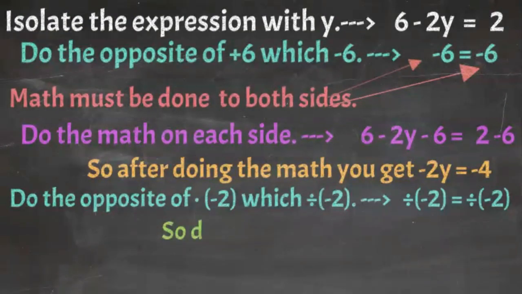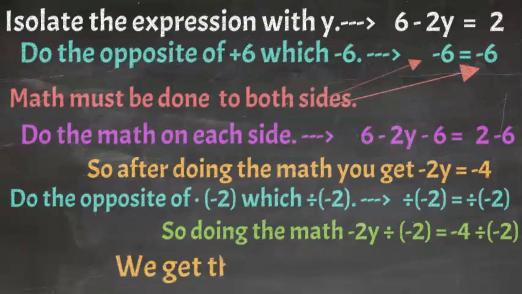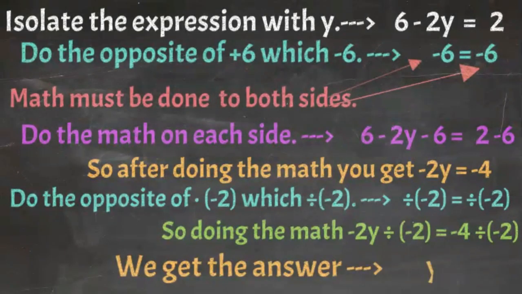And we get negative 2y divided by negative 2 is equal to negative 4 divided by negative 2. So we get the answer, y is equal to 2.